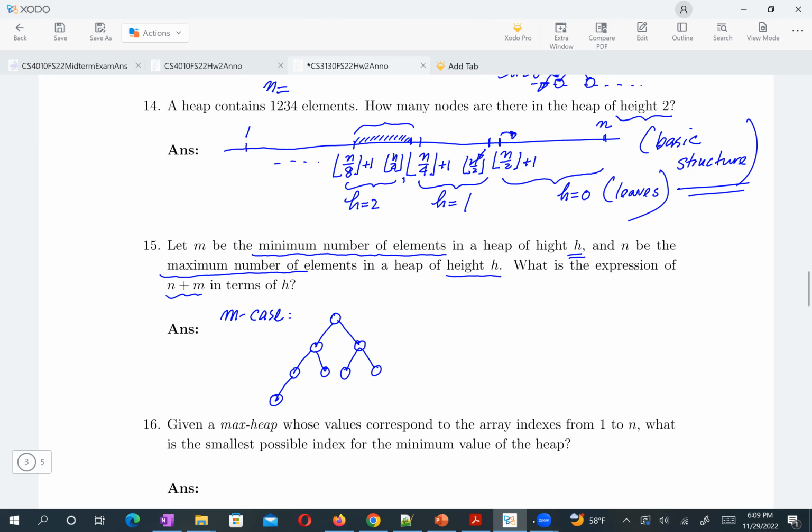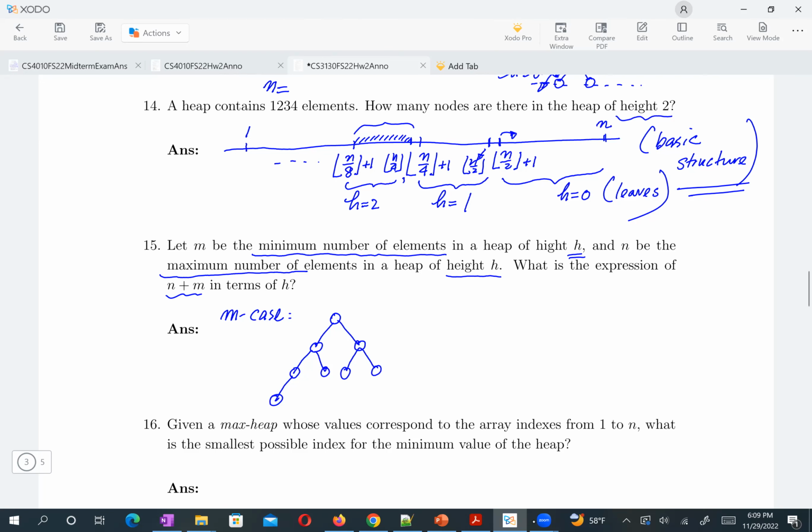Now, another thing we also know is the height is H. Here we see height of H. We just look at the height of the root, the height of this whole heap, which means the height of the root is H. Here also, the height of this root is H. Then, can you represent M in terms of H?